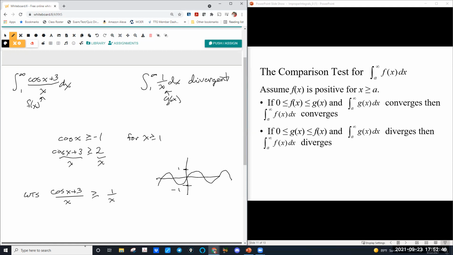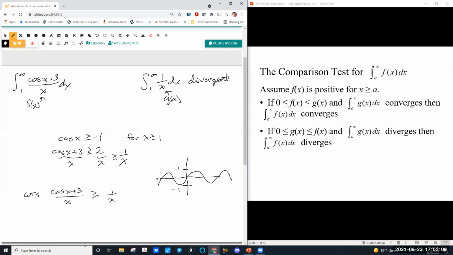Well, there's 2 things I want to talk to you about this. Number 1, it's very easy to show that 2 over x is greater than or equal to 1 over x, right? It's double it. The other thing, though, is multiplying an integral by a number does not change whether it's convergent or divergent.